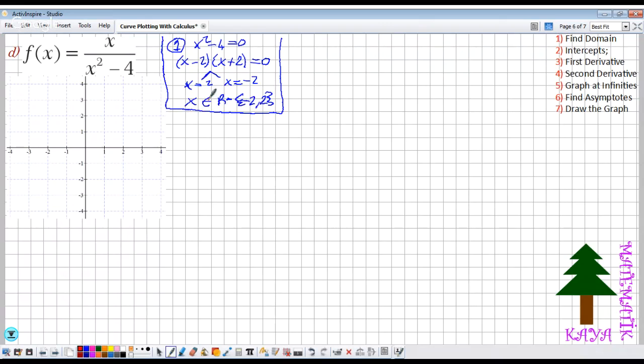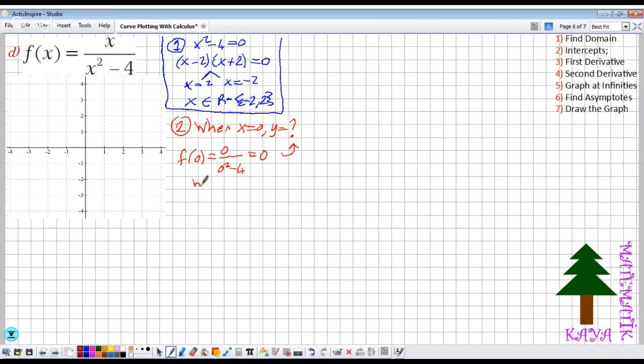The second step, intercepts. When x is equal to 0, check y. So f of 0 is equal to 0 over 0 squared minus 4. 0 over a number will be 0.